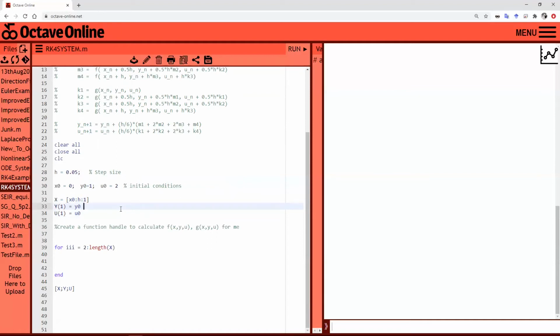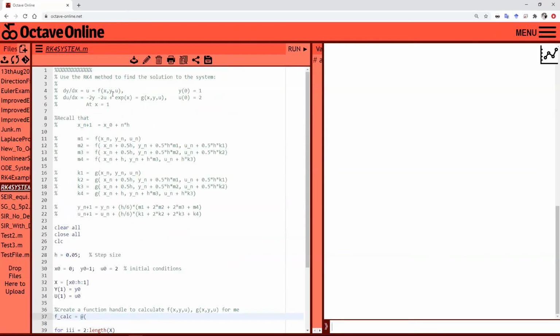The first thing I want to do is create a function handle for each of my functions so that I don't have to copy and paste them every single time. I can just write them out. Otherwise it gets a little bit messy. So I'm going to write fcalc equals @. For the function f, what do I need?